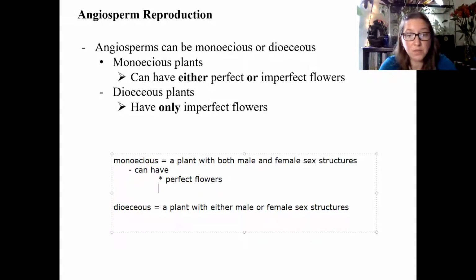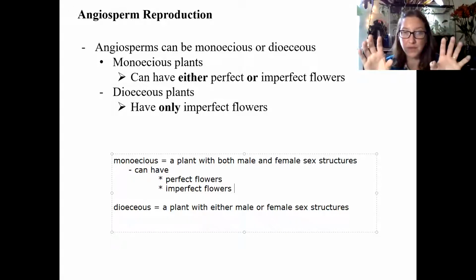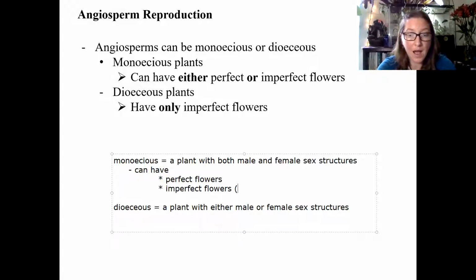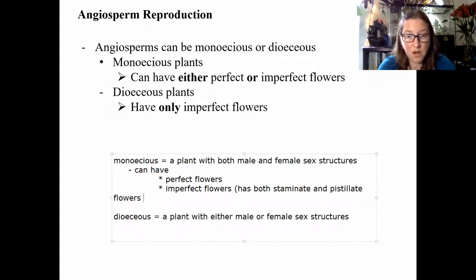But if you're a monoecious plant, you might have imperfect flowers on it, as long as it has both types of imperfect flowers, both staminate and pistillate flowers on one plant.